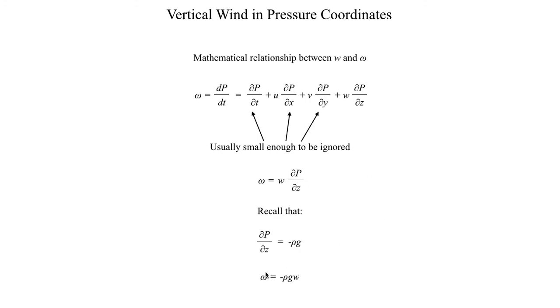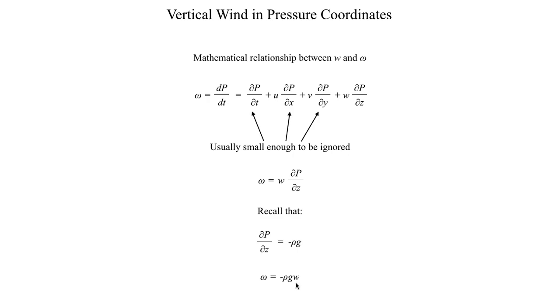So we get that our vertical velocity in pressure coordinates, omega, is equal to minus density times acceleration due to gravity times our vertical velocity in Cartesian coordinates, w. And this mathematical relationship makes sense, right? Because as we saw in the previous slide, omega and w are inversely related to each other.